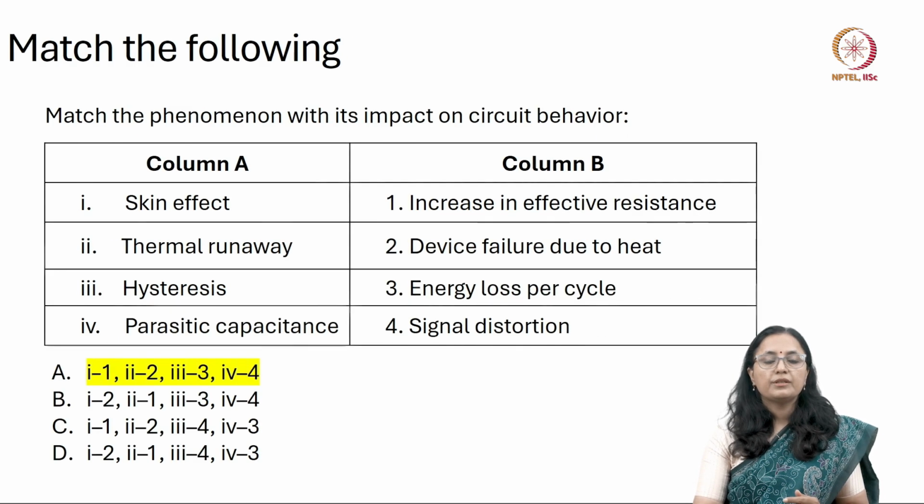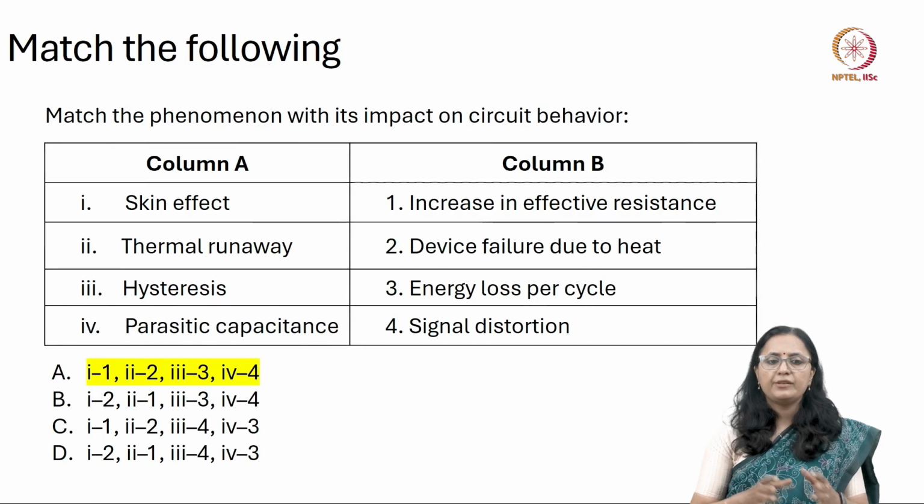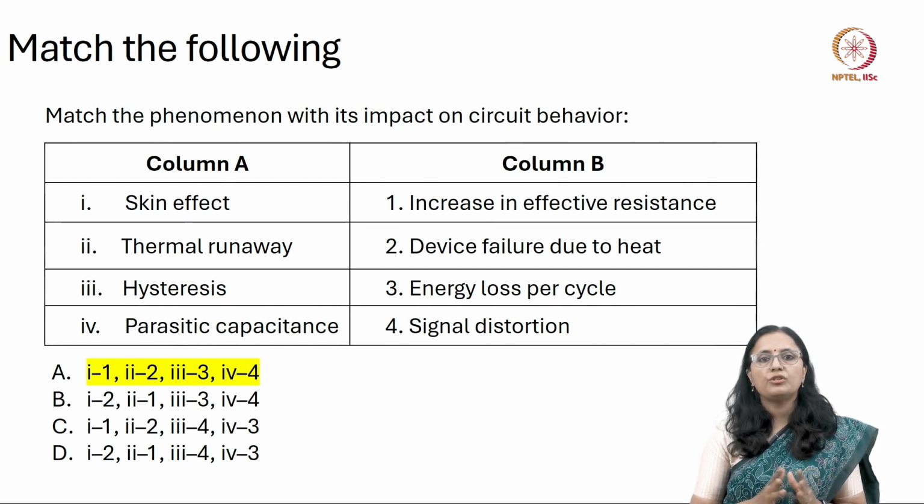Moving to the fifth form of multiple choice question, which is match the following. This is a very simple kind of structure. You have column A and you have column B, and students are required to match the column A aspect to column B. But one point which needs to be considered is that whatever we are keeping in column A and column B should belong to the same concept or the same course outcome.